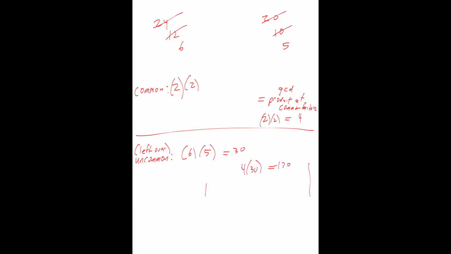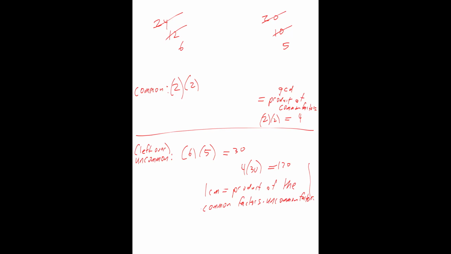The least common multiple is equal to the product of the common factors that you found times the leftovers, which I call the uncommon factors. So basically just the common ones is equal to the GCD, but the common ones times the leftovers equals the LCM.